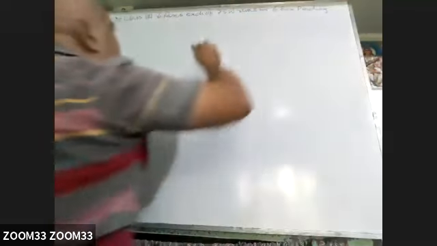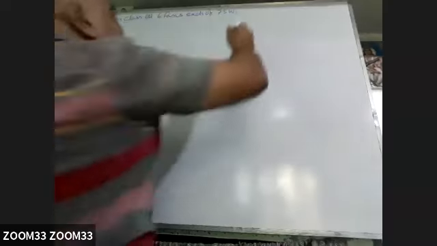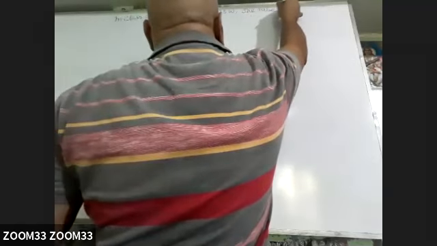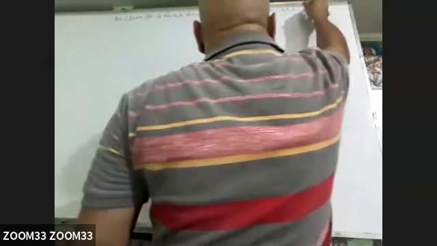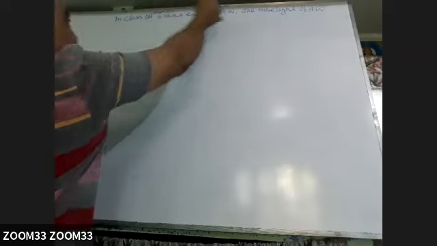How many tube lights were there? Only one. One tube light of 40 watt.